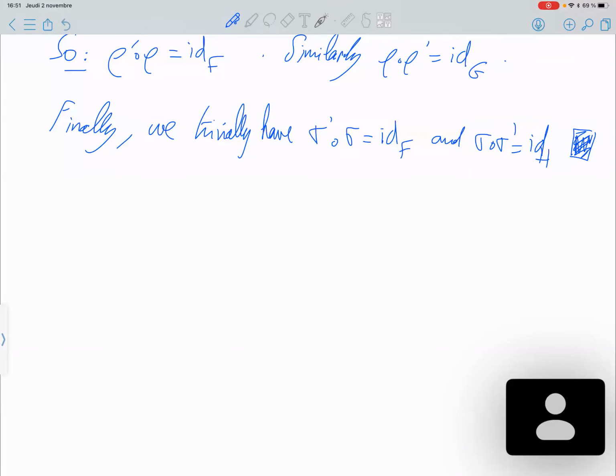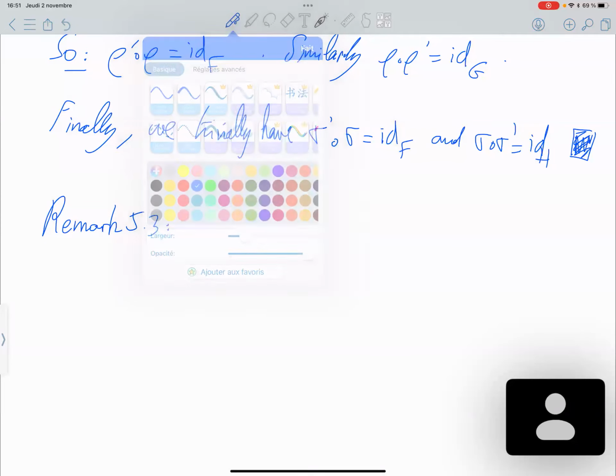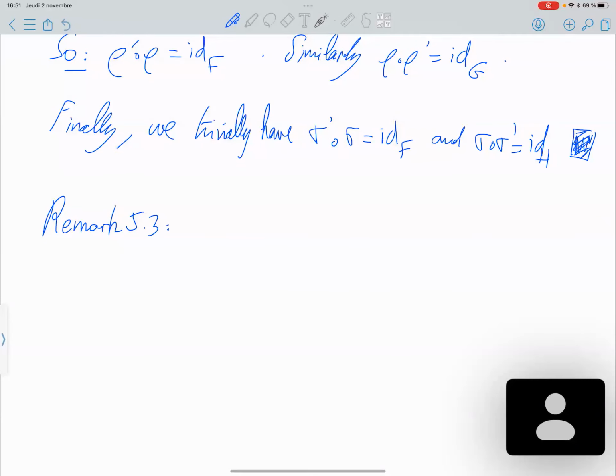So I have time to write the next remark. In fact, by playing with the natural transformations alpha and rho, sigma and rho, you can recover the map used in the definition of the Frobenius indicator.